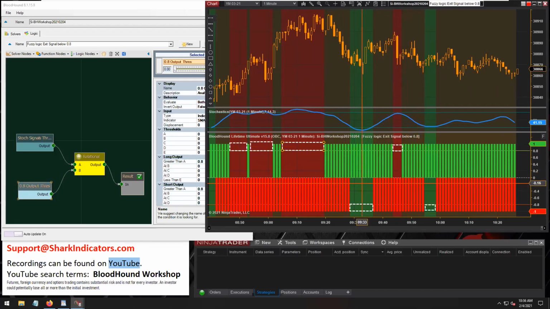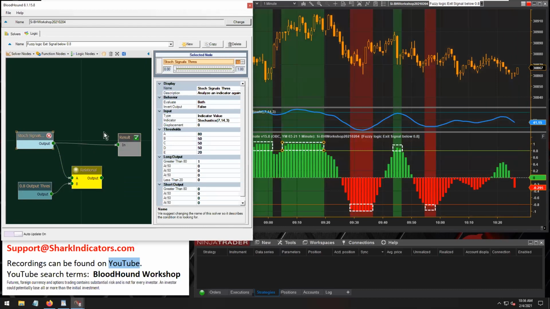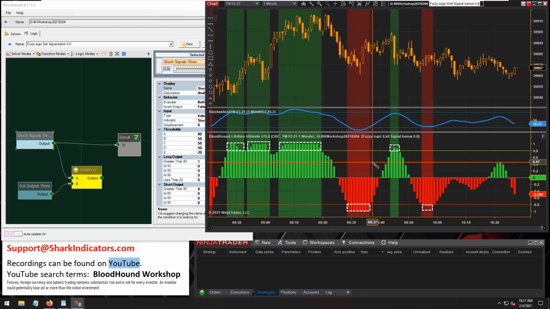So now we just need to clean this up. First, I guess we need to understand what output we need for an exit signal. Let's take a look at our entry signals. If our entry signals are short, then to exit a short trade, we need a long signal, sorry, not entry, but a long signal to act as an exit for a short trade.